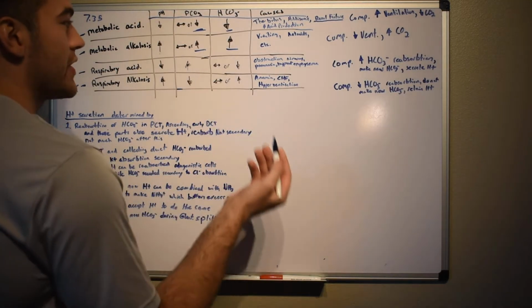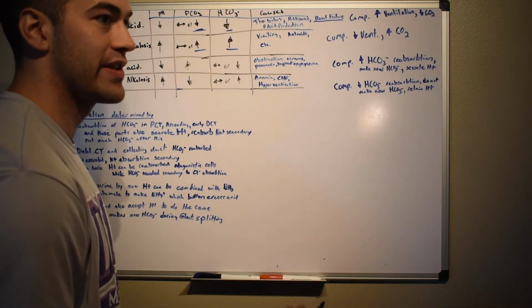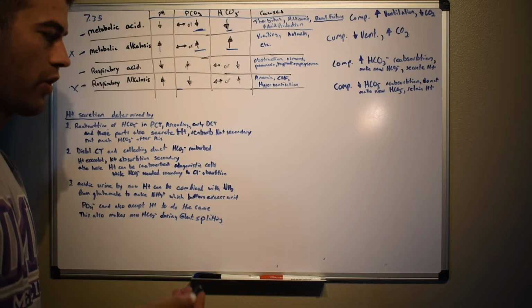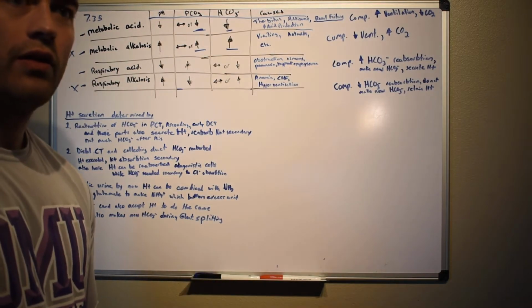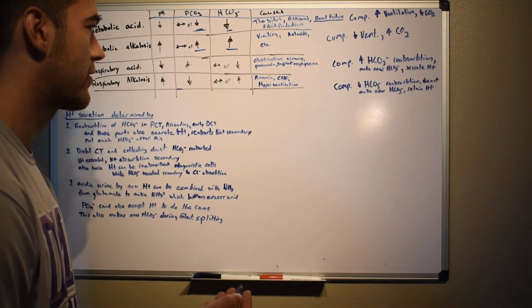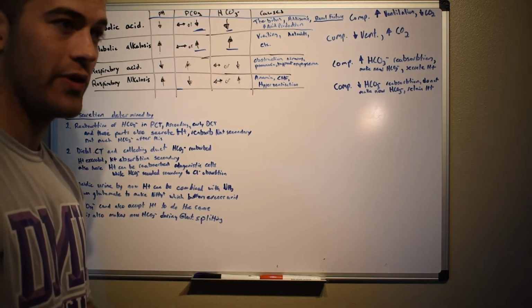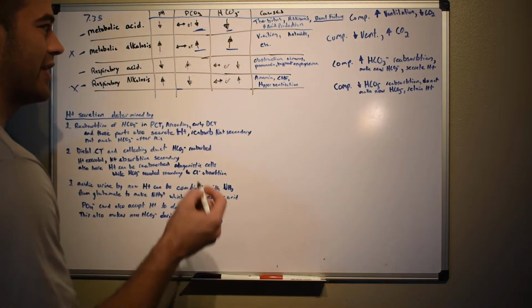So, which would you expect to increase if you were having a respiratory acidosis? Well, since CO2 is our major driver of acid in our body for the respiratory system, we would expect an increase in CO2. So we can't get rid of it.